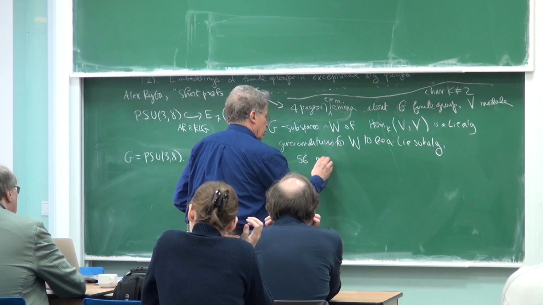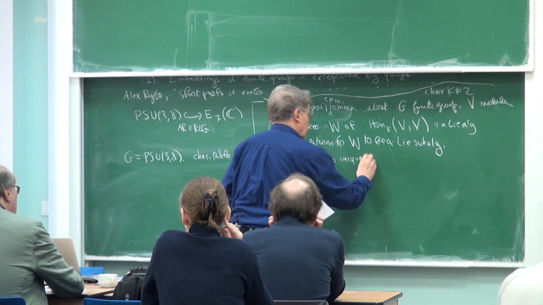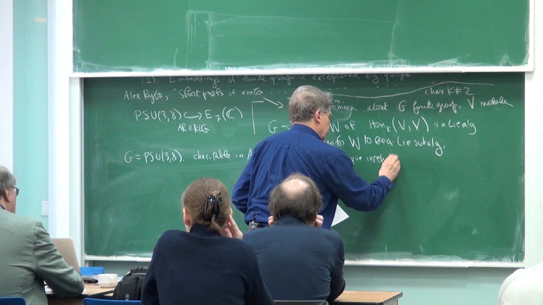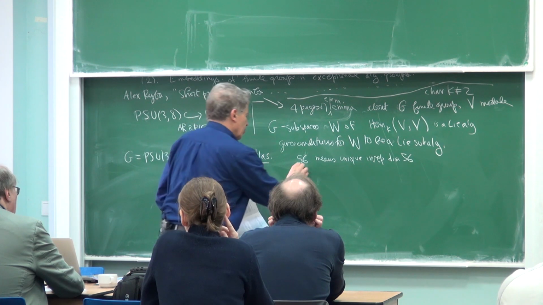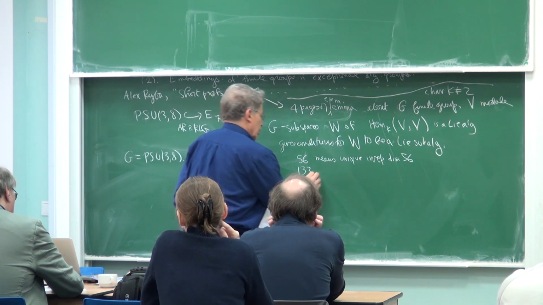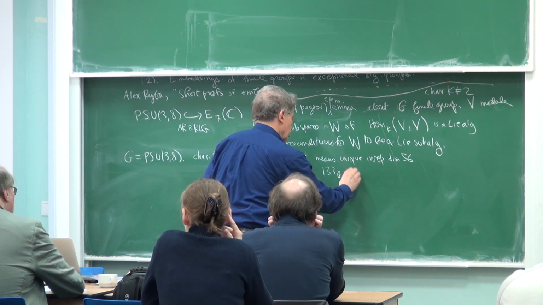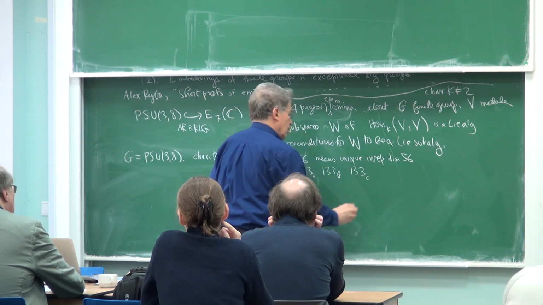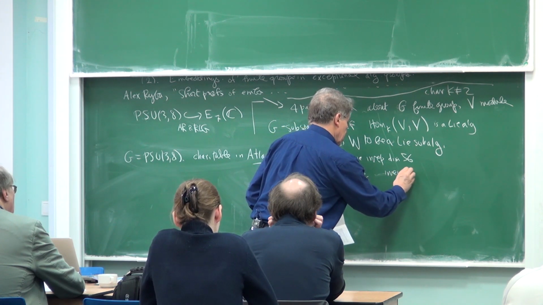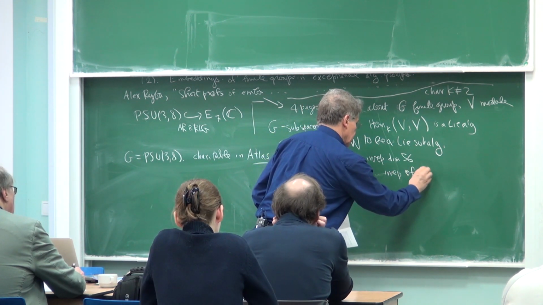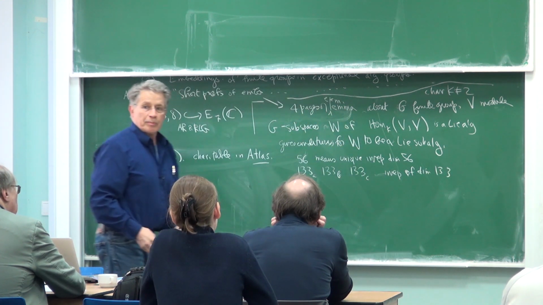56 means the unique irreducible representation of dimension 56. I think you'll catch on to the notations. 133 sub A, 133 sub B, 133 sub C means the irreducible representations of dimension 133, and there'll be some other numbers that come up.